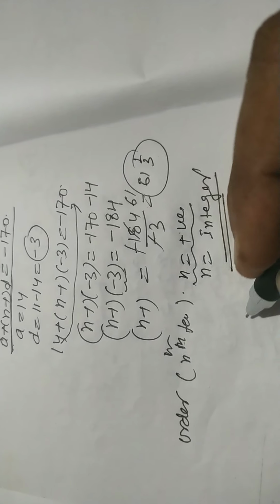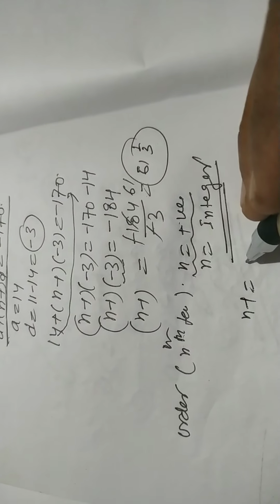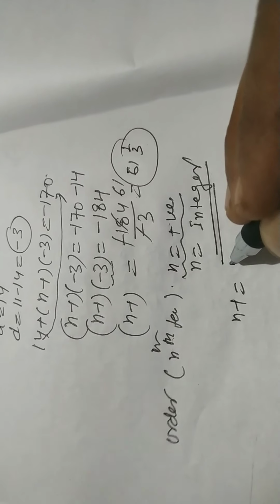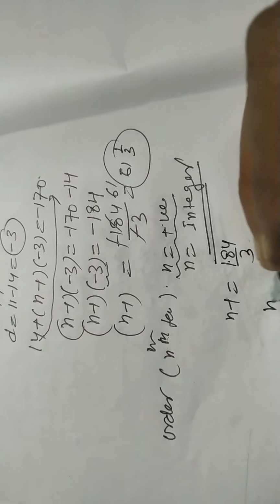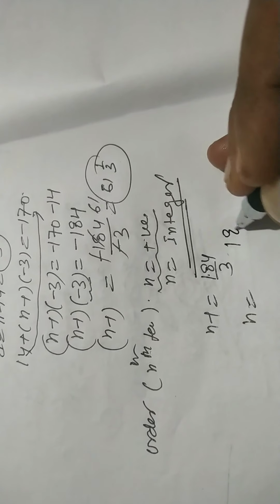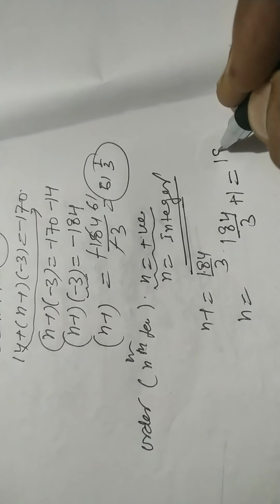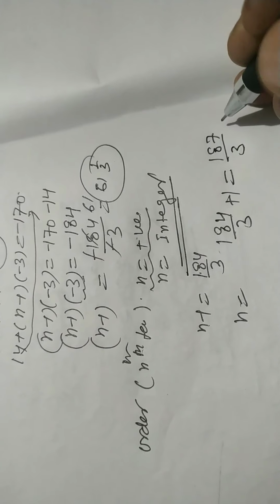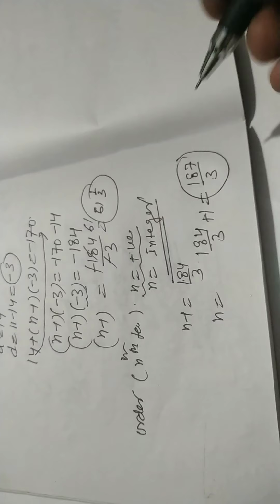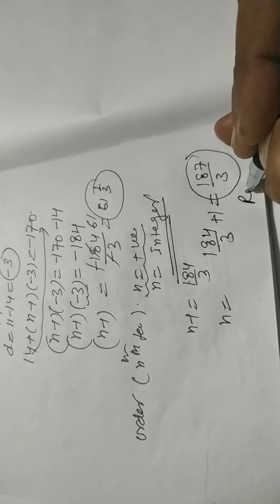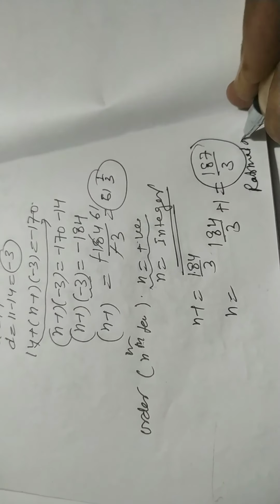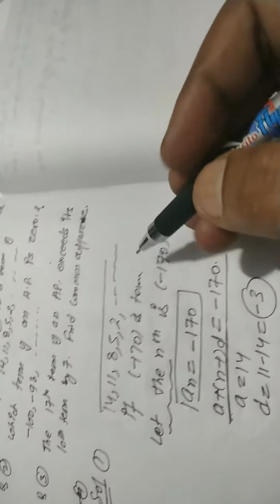So if I write n minus 1 is equal to 184 upon 3, then n is equal to 184 upon 3 plus 1, which is 187 upon 3. So it is not a positive integer, it is a rational number. That means there is no term which is minus 170.